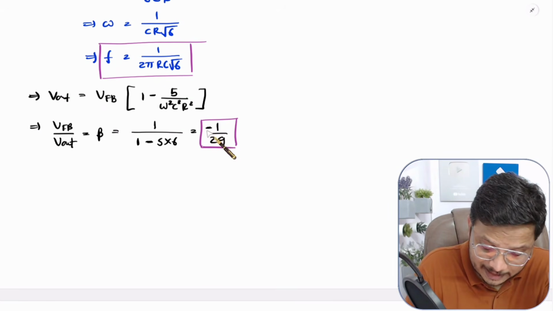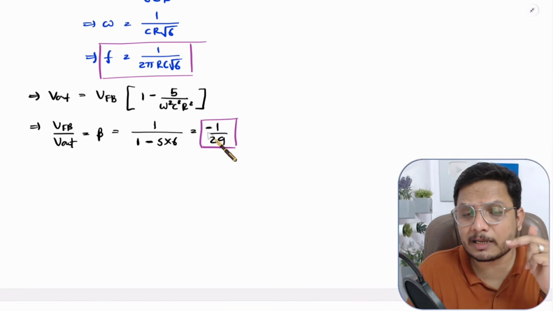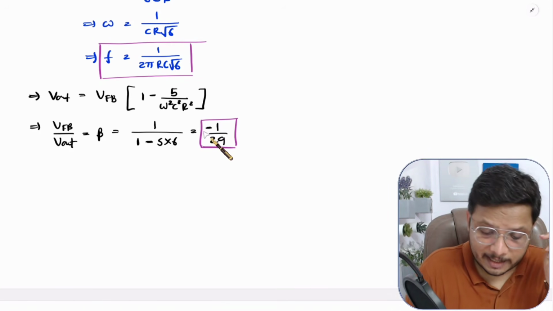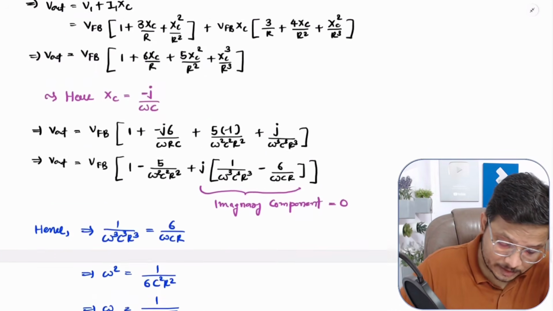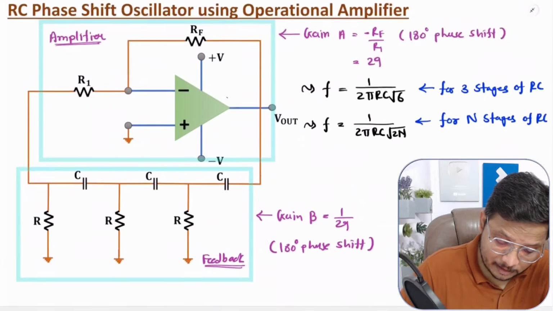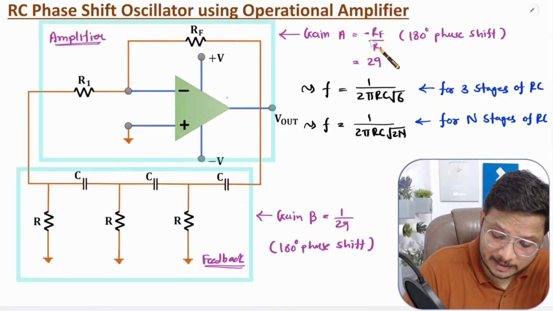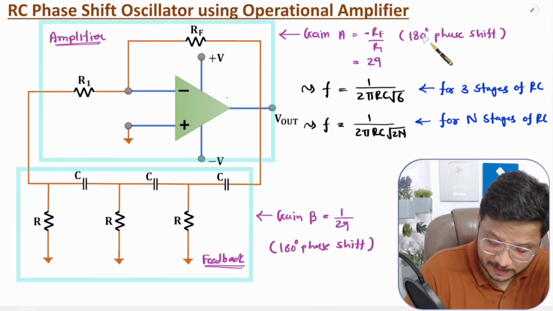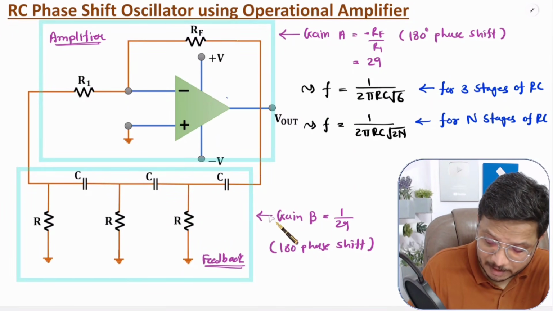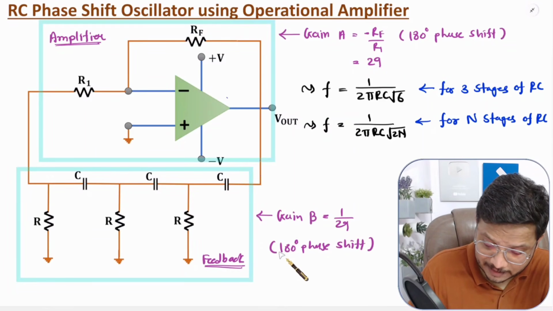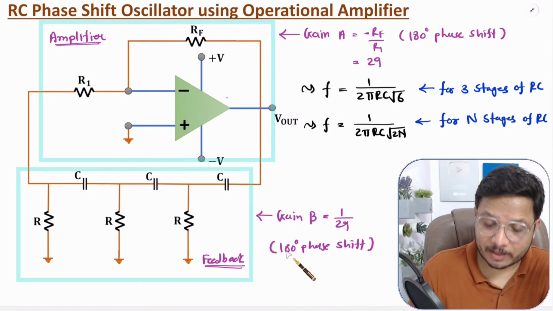Why is the minus sign appearing over here? The reason is there is a phase shift of 180 degree. I have told you earlier, you see, with this circuit, here we have minus sign. The reason is here we have 180 degree of phase shift. Similarly, here gain beta should be 1 divided by 29, but phase shift should be 180 degree over here, right?